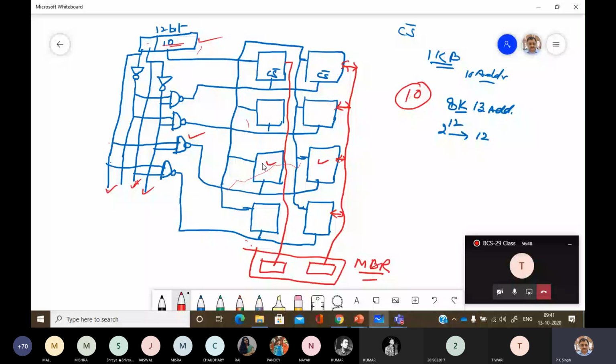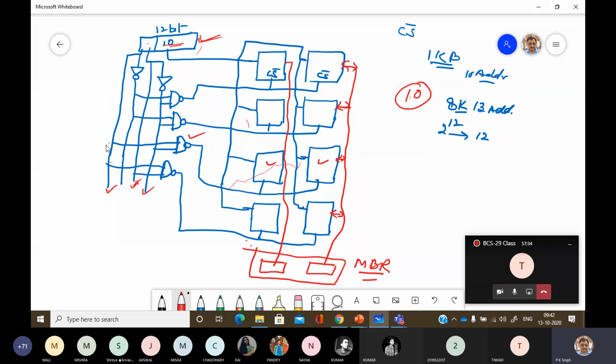Suppose a read operation: data at that location will be written onto the bus, and it is connected to MBR. It is getting stored in MBR. When data is available in MBR, the memory fetch cycle is completed. As I told you during the previous discussion, after writing the address in the memory address register, the processor enters a wait cycle.